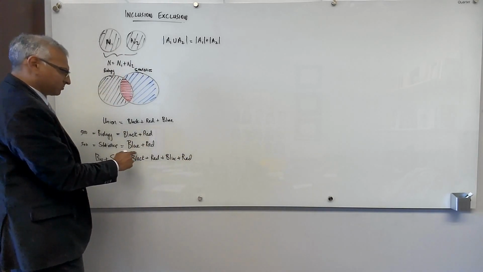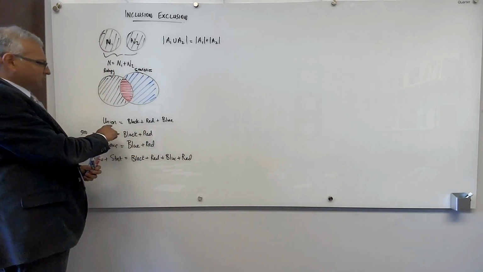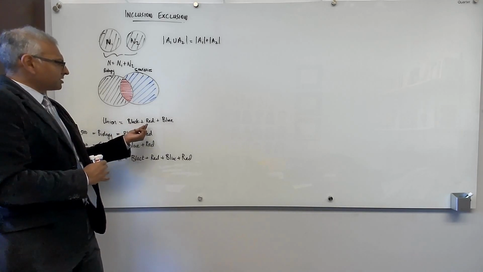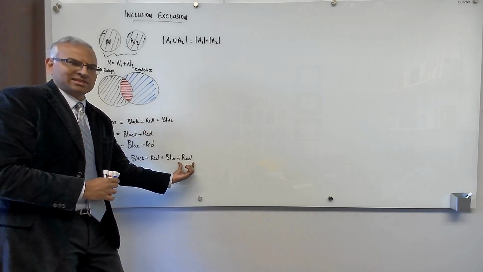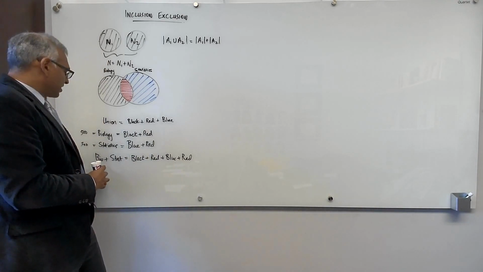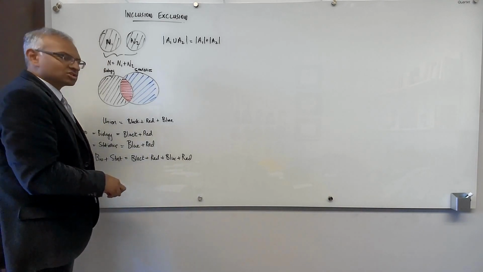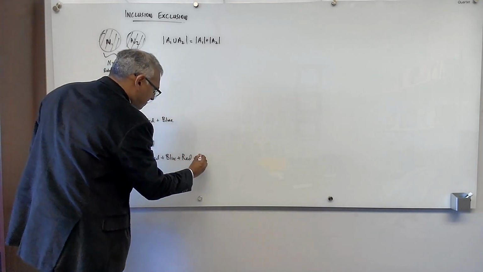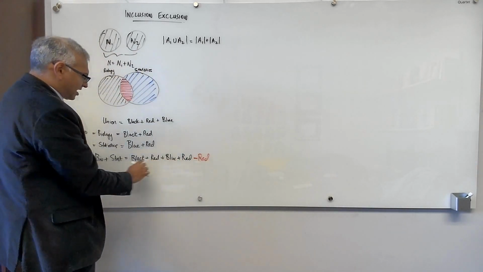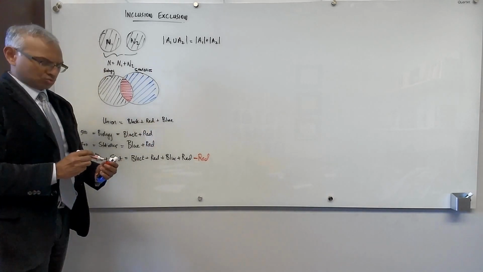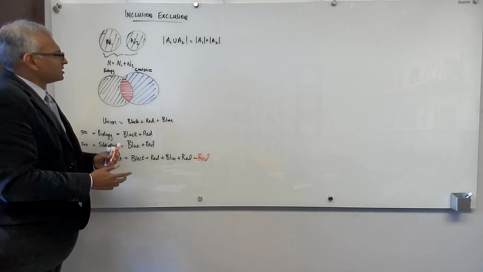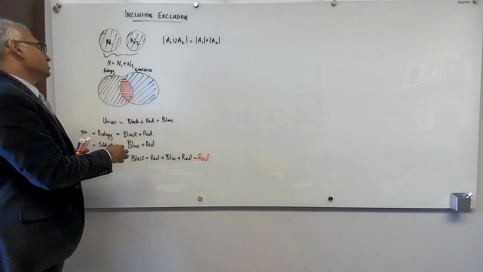And if we compare that to the size of the union, we see that the union is black plus red plus blue. So I have an extra red in here when I just add bio and statistics. So I have to subtract the red. That'll get rid of this extra red, and now I have black plus red plus blue, which is indeed the size of the union.